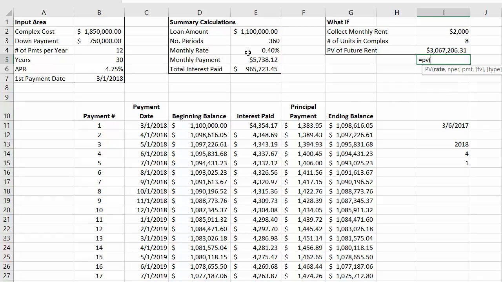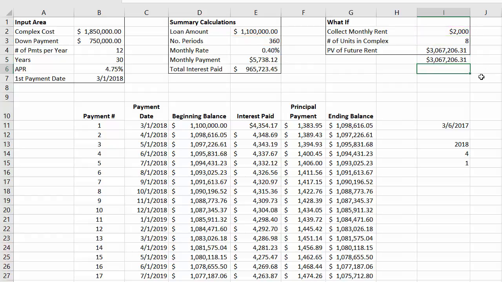The rate is if I could earn the same interest rate as what I'm currently having to use to pay, and the number of periods, that'll be 360, and the payment would be, since this is inflow, this 2,000 times the 8, because that's how much money I'm taking in, $16,000 a month.